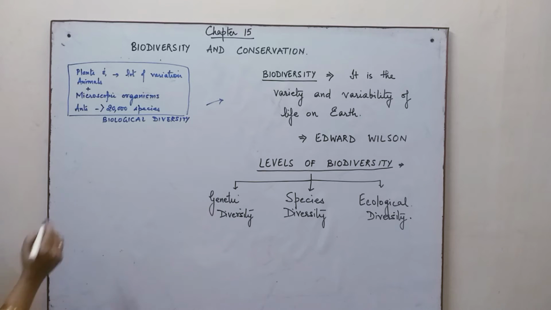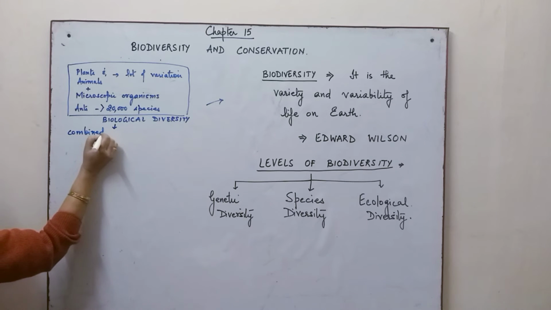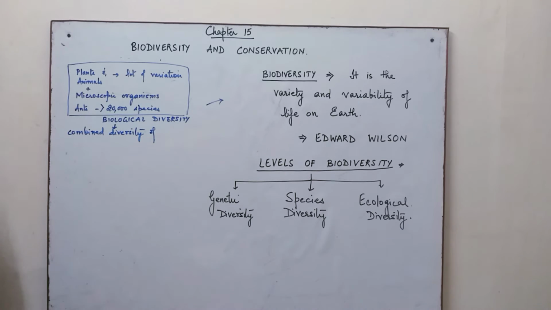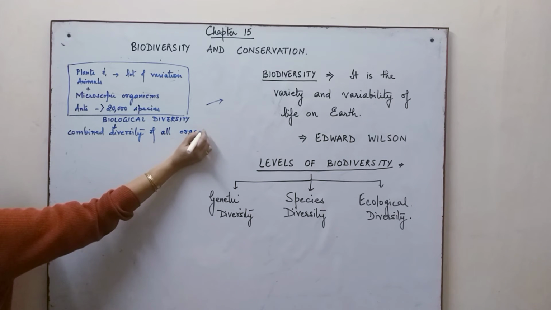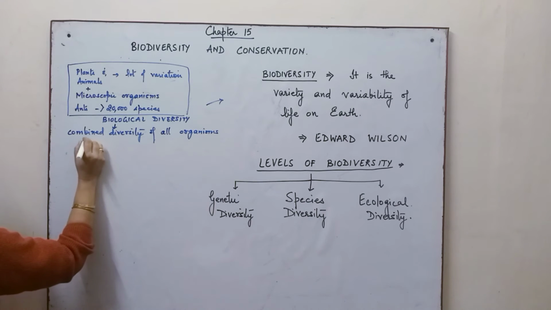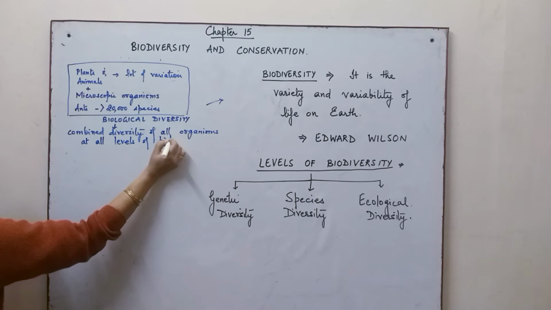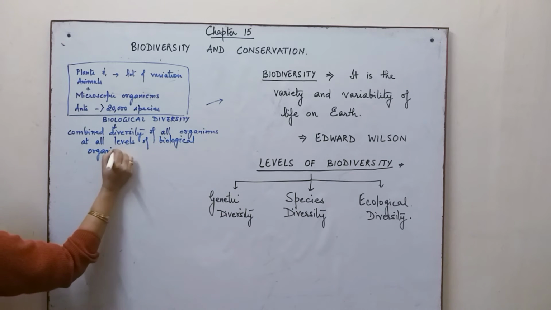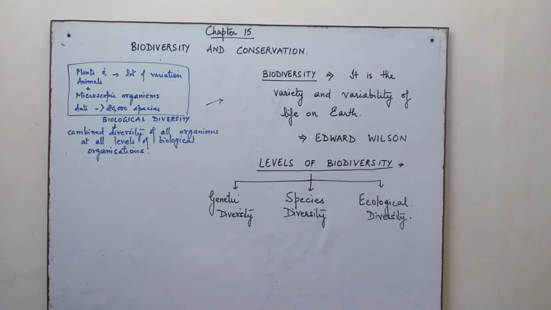So it is the combined diversity of all organisms at all levels of biological organization. So what does this mean? That the biological organization has various levels, and at these various levels we find biological diversity.